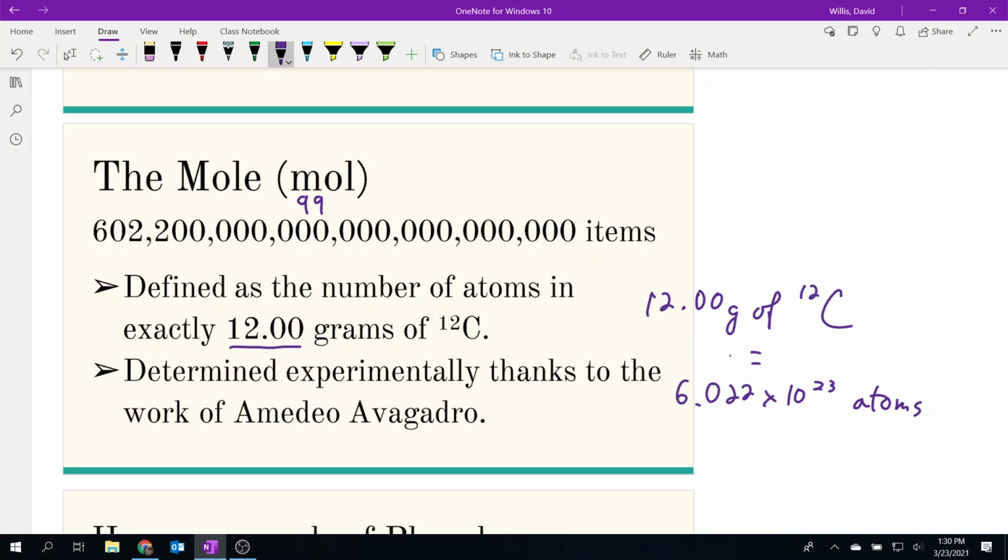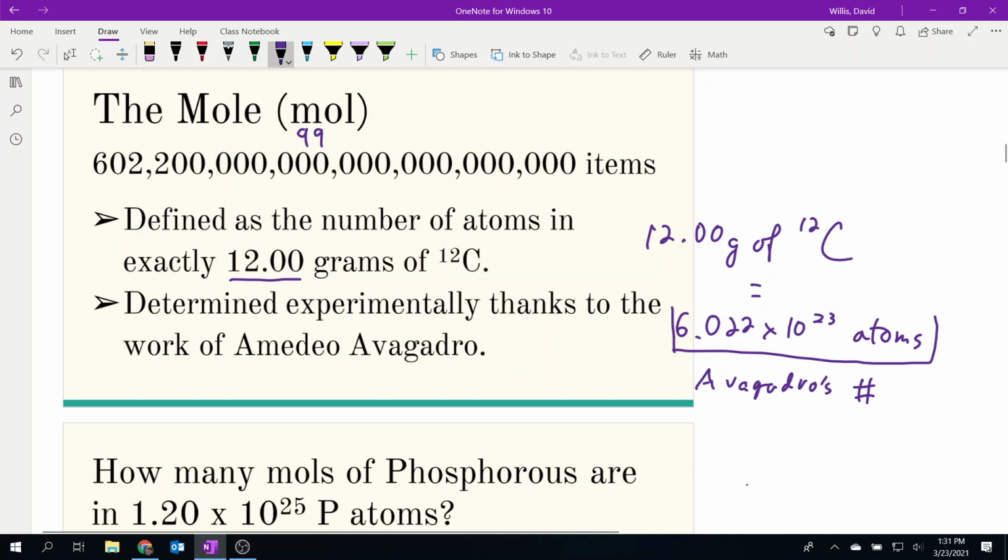By the way, this number then is referred to as Avogadro's number. So that is Avogadro's number. Shape that A up a little. All right. And that is that. We're ready to move on? Okay.